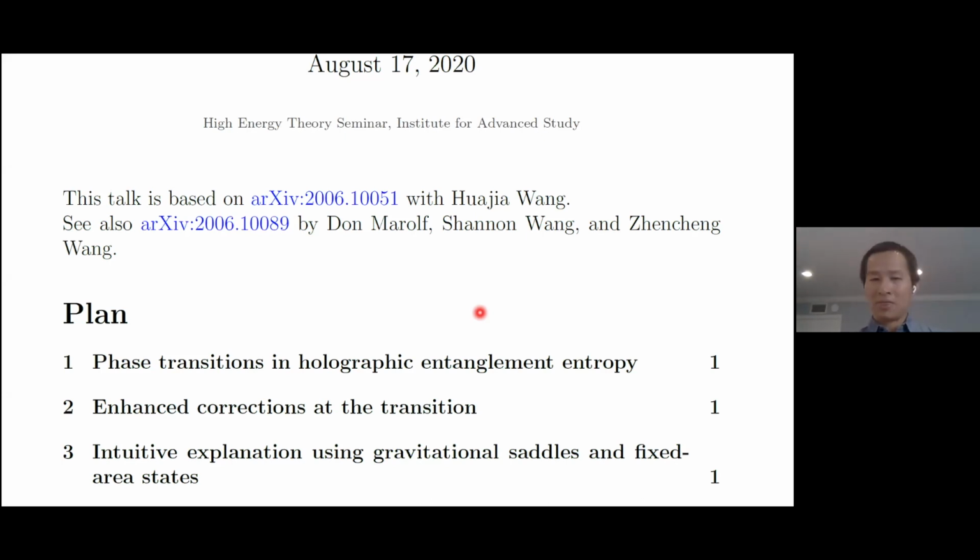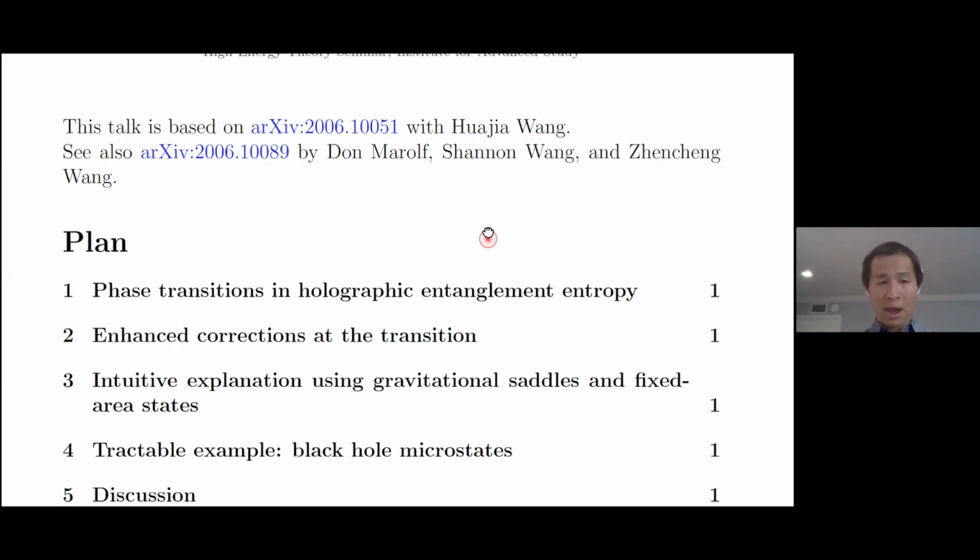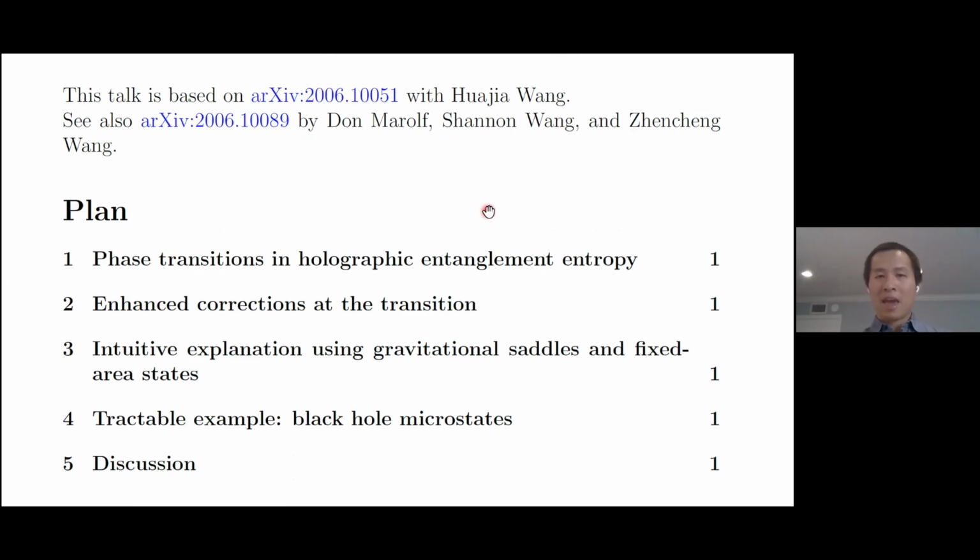And in the process of doing that, it will be clear that it is easiest to do this argument using fixed area states. So we will also introduce that. And to make everything very concrete, I will also present a tractable example of black hole microstates where we can actually do the calculation honestly and find the corrections. And finally, I will end with some discussions. So that's the plan.